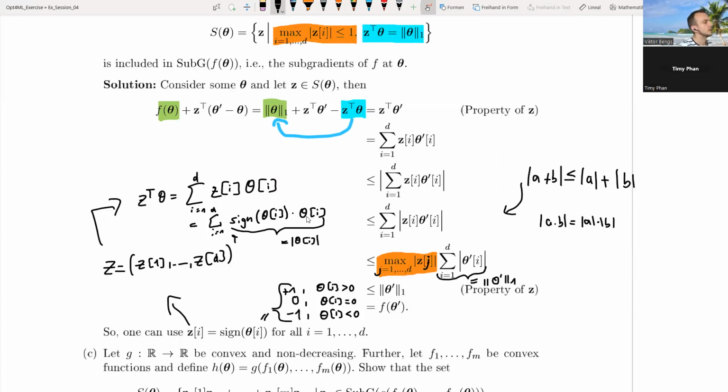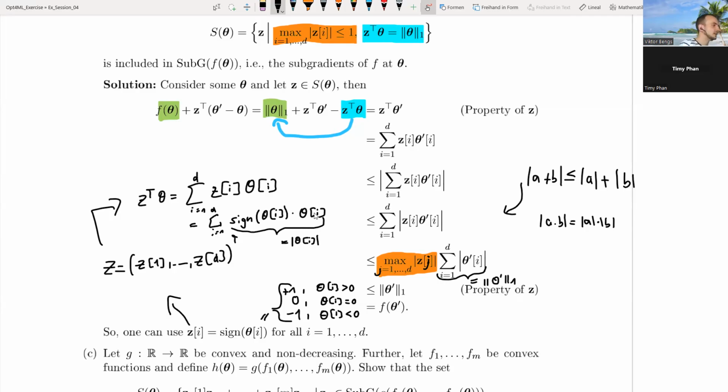Why? Let's assume theta i is strictly positive. Then the sign is a +1. Absolute value is then equal to theta i. Assuming the case theta i is 0, well, then we are multiplying here 0 with something, which is also a 0. It's not so interesting, but the absolute value of that thing will also be 0.